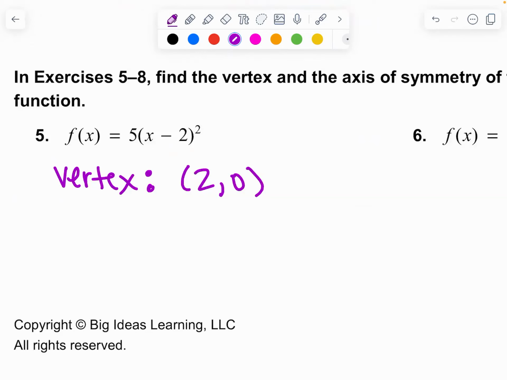How does that 5 affect our parabola? It makes it wider. Which one? Yeah, wider or skinnier, which one? Okay, so this 5 is making our graph skinnier. Okay, our vertex is at (2, 0). Do we need to graph this to know where our axis of symmetry is?